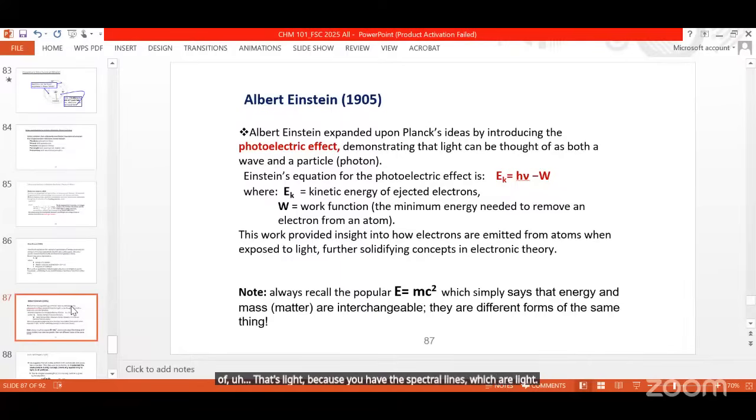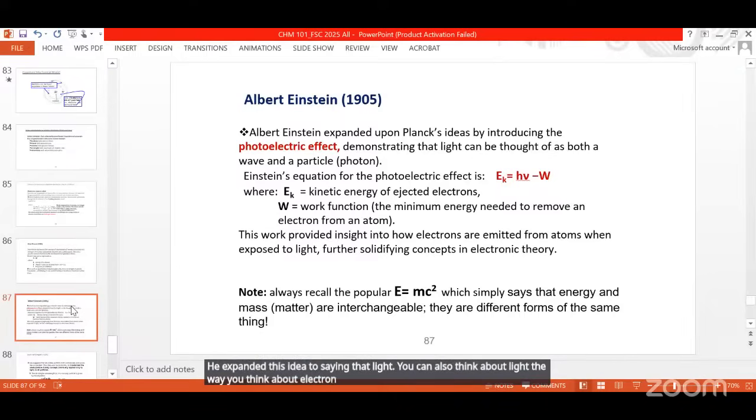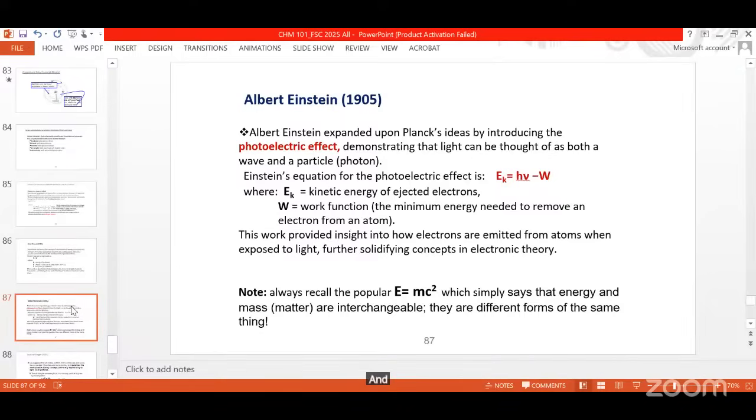He expanded this idea to saying that you can also think about light the way you think about the electron, as having both a wave and a particle nature. And he introduced the photoelectric effect, and he gave the equation which he referred to as energy is equal to the mass times the speed of light squared.